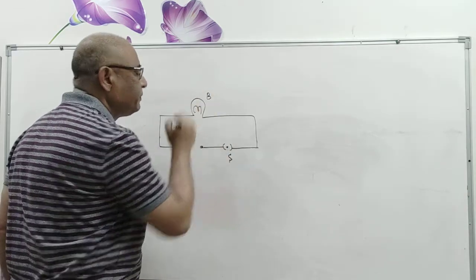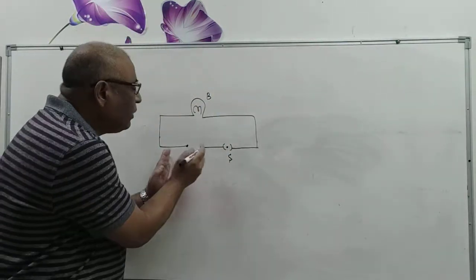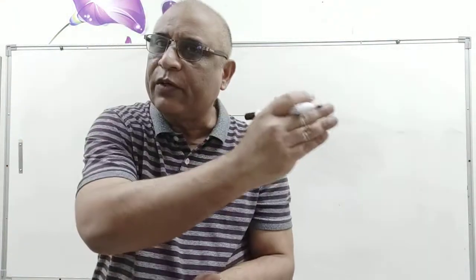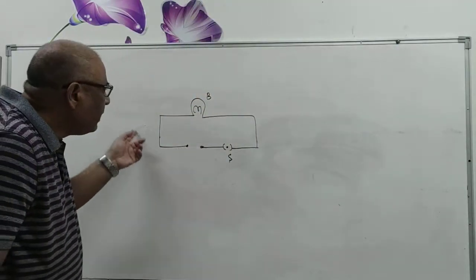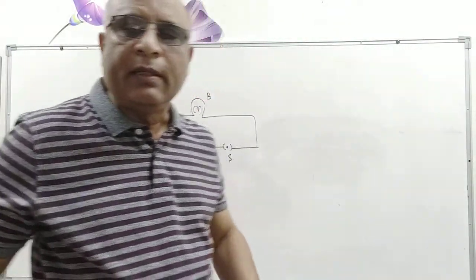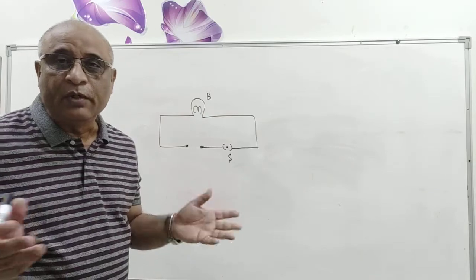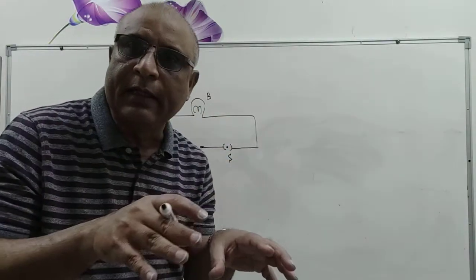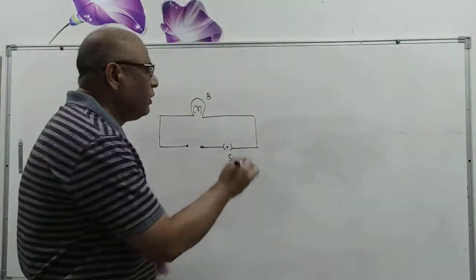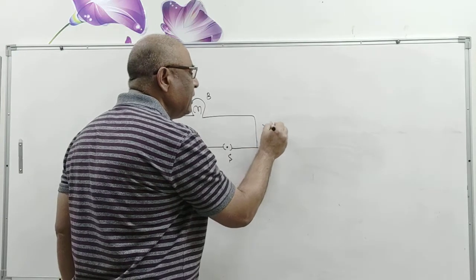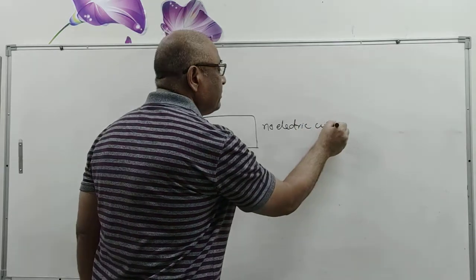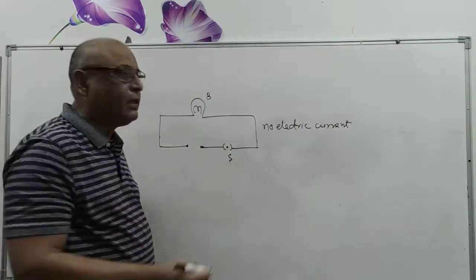This is the bulb. What you see here is that no cell is used. Although free electrons are present in the connecting copper or aluminum wire, they are not capable of moving, because electrons present in the connecting wire need a force to move, a potential difference to move. So there is no electric current in the circuit.